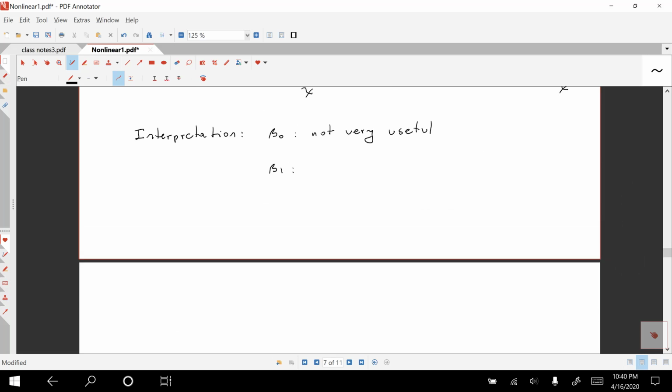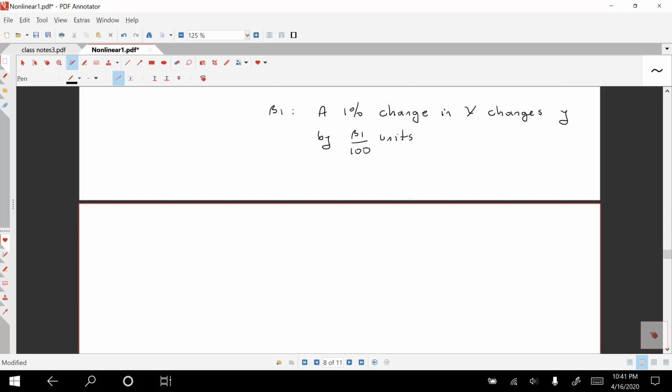The way that we interpret beta 1, we will say that a 1% change in x changes y by beta 1 over 100 units. So notice here that we divided beta 1 by 100 for the interpretation.